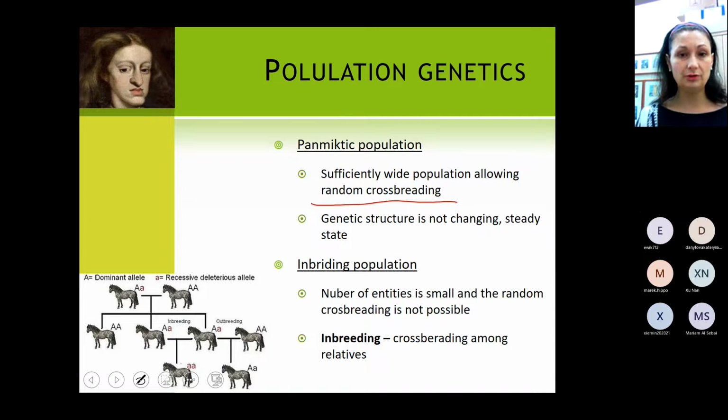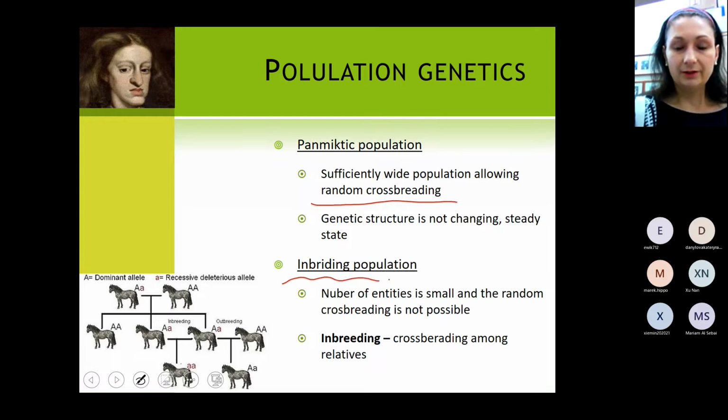There is no restriction. Everyone can marry anybody and have children with them. From the genetic point of view, this population is not changing. There is some steady state which is reached by this free or random crossbreeding.